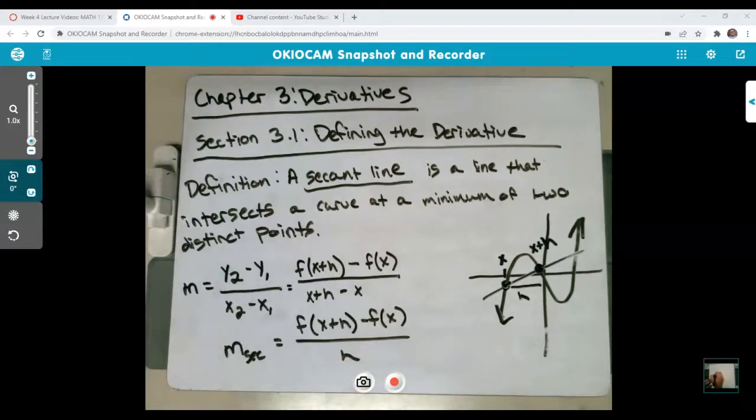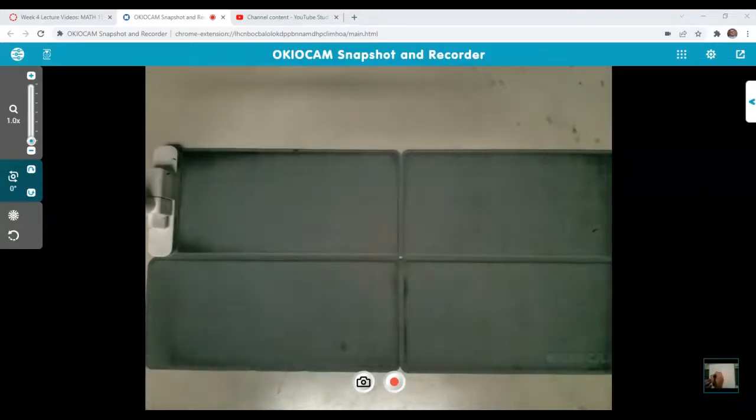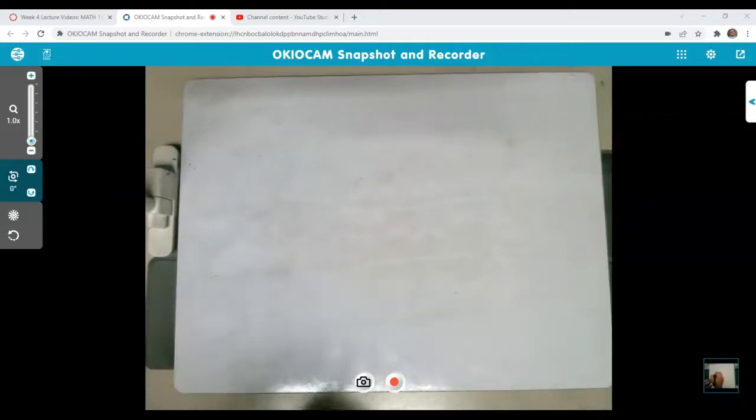Okay. Now, the term that I really need for this class is a tangent line. Definition, let's define what that is.